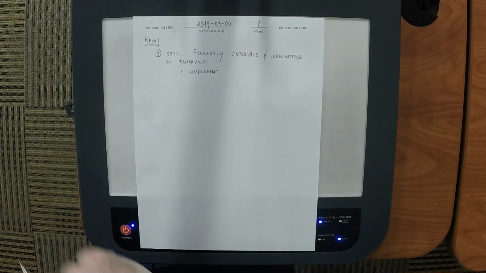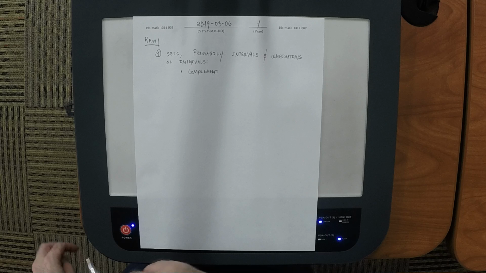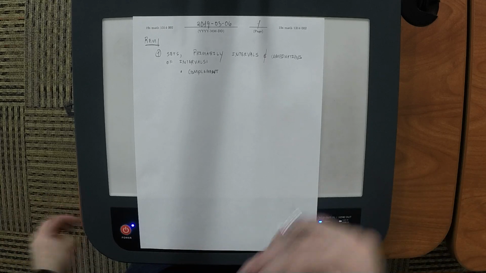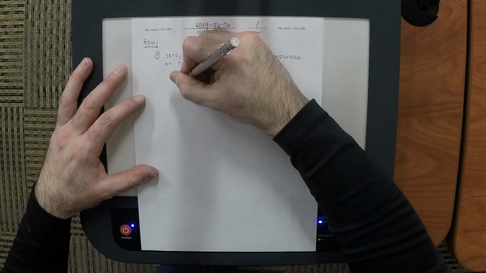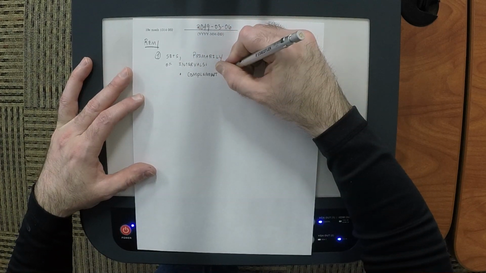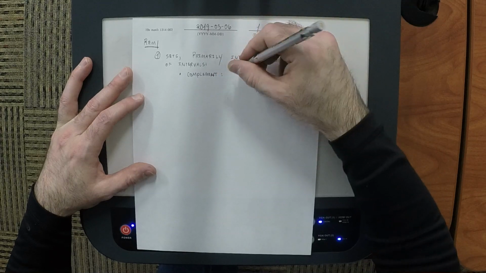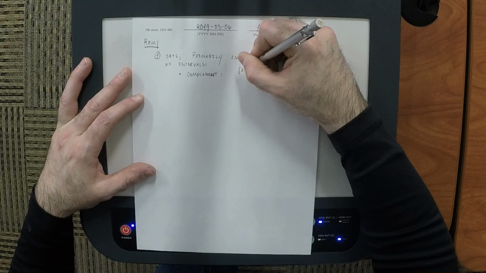So what is the complement of a set? Yeah, the opposite. It's everything that's not in the set. Okay. An example would be the interval 2 to 6, say, like that.